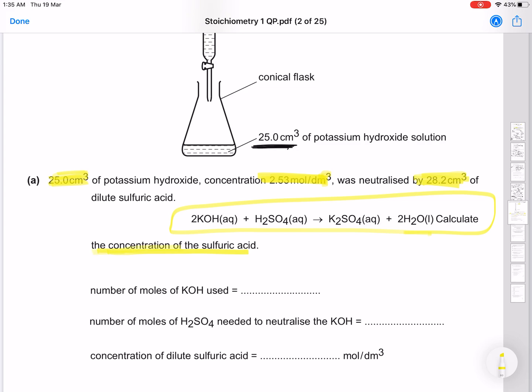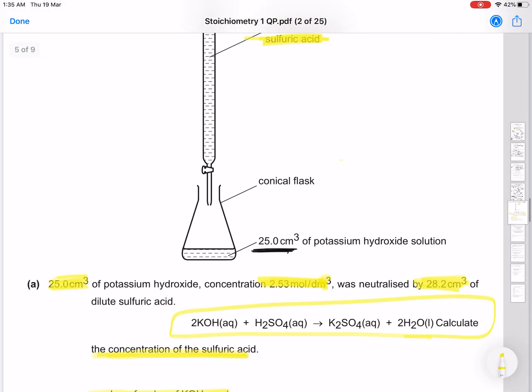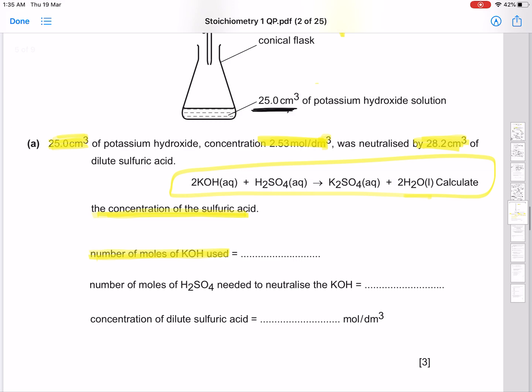To find out the concentration of the sulfuric acid, I need to find the number of moles of the KOH used first. Then from the number of moles of KOH used, by using this equation, I can find the number of moles of sulfuric acid.